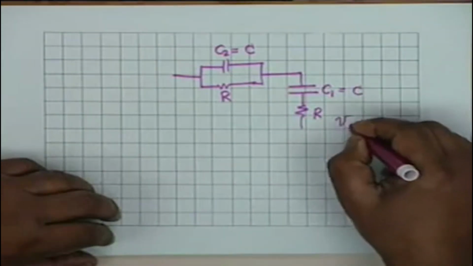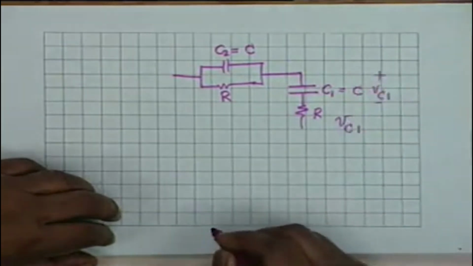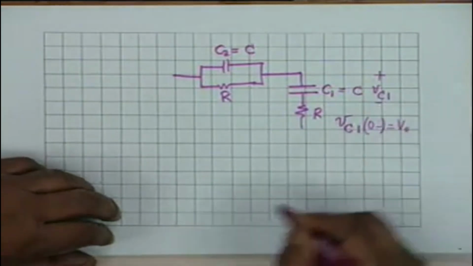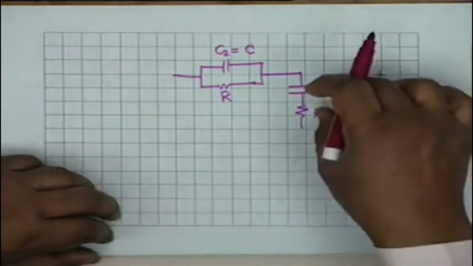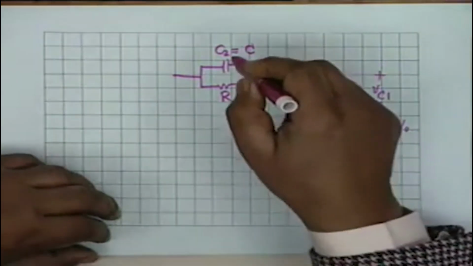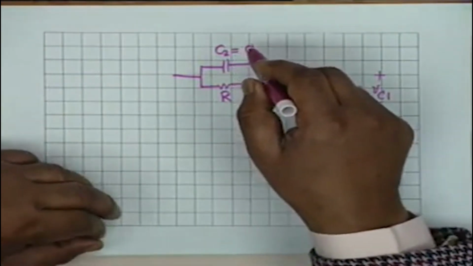VC1 at 0 minus we will say is V0. We have charged this capacitor to a voltage V0. C2 is left uncharged, C2 initial charge is 0.